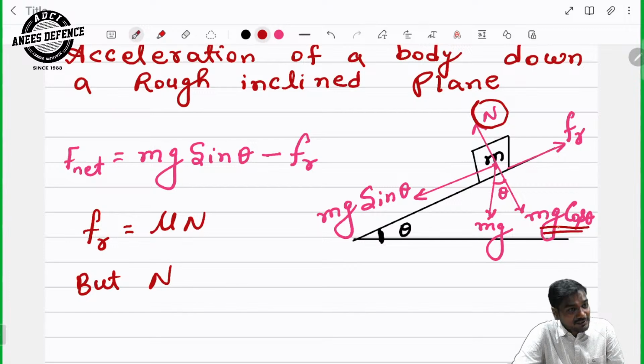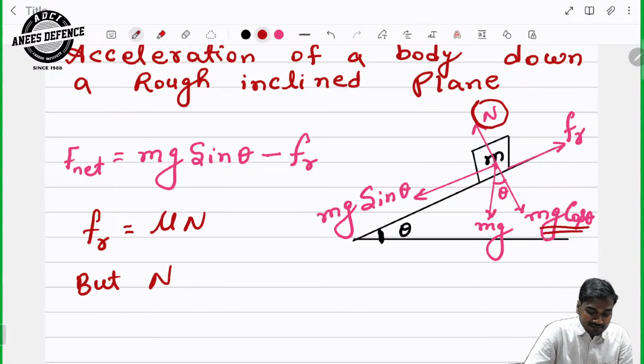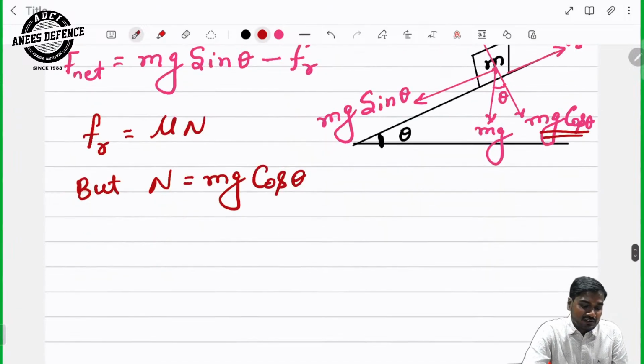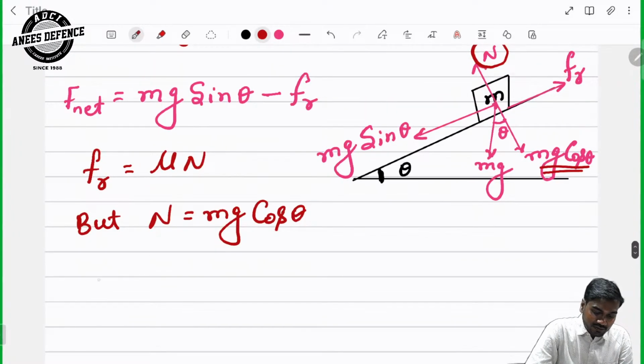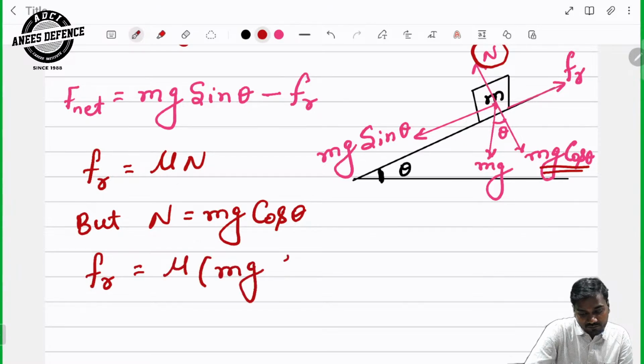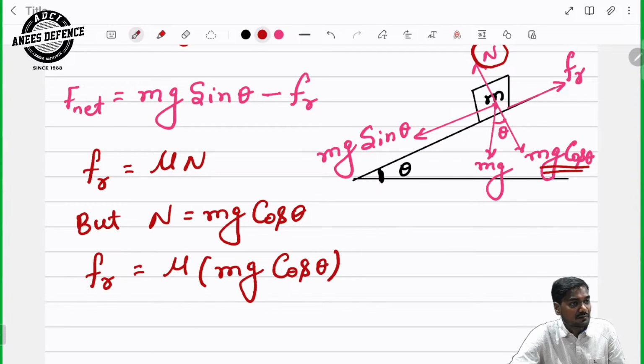N is nothing but mg cos theta. So put this value. First write the friction force: it is mu into mg cos theta.